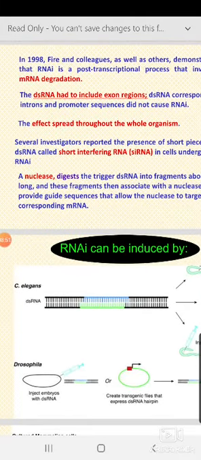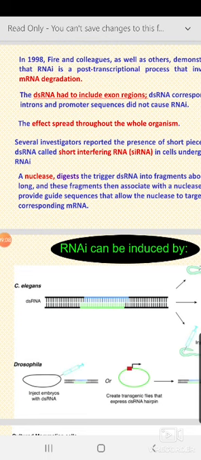Now, we develop a double-stranded RNA and introduce it inside the cell, hoping that my target mRNA, the gene I am going to silence, will be degraded.